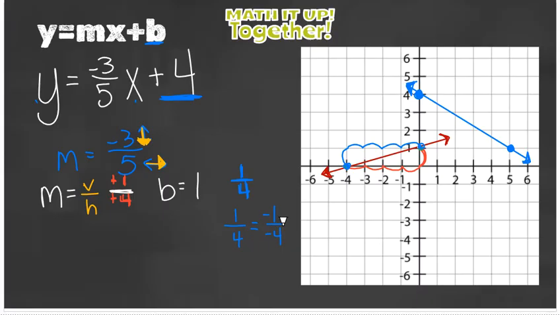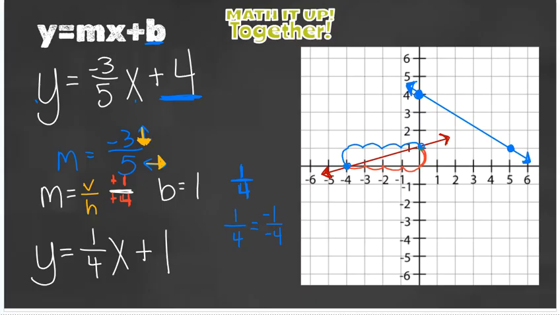But for our purposes, we'll use 1 over 4. So our final equation will look like this. We'll have the y, we'll fit in our slope here, which is 1 over 4, we put in our x, and then we have a positive 1 as our y-intercept.